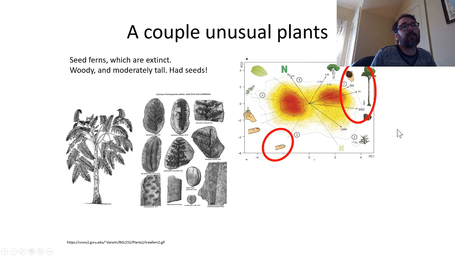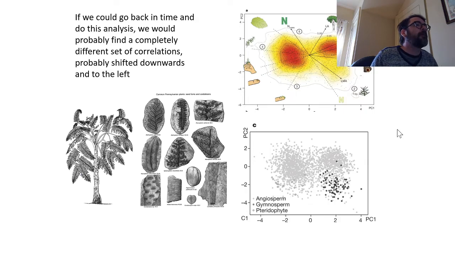You could think about what this graph would look like if seed ferns still existed. If we could go back in time and redo this analysis, we would probably find a completely different set of correlations over time, right? So one thing that they point out in their paper is that you've got ferns over here and gymnosperms over here, and then all the angiosperms are up here.